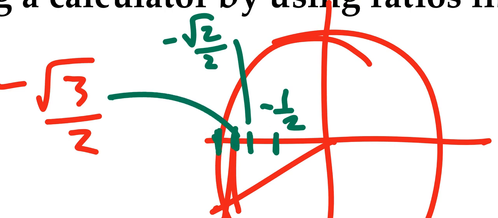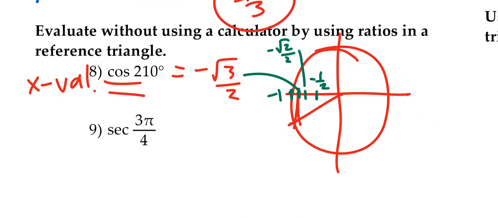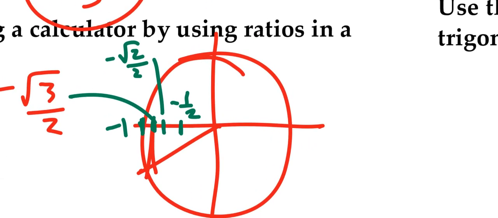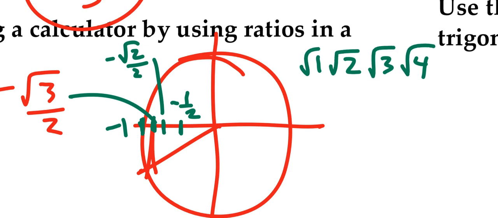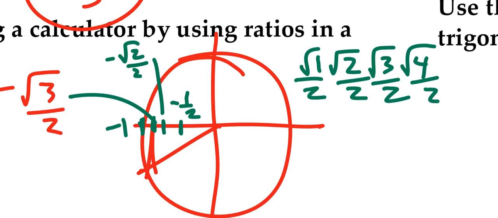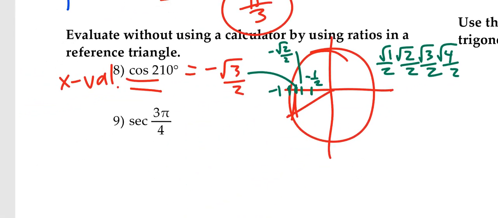And then what's the very last one on the outside edge? Negative 1, right? Those are your x values. They go in order. Keep in mind, when people start saying things about memorizing, all we're doing is taking the numbers 1, 2, 3, and 4, taking the square root, and dividing by 2. Some of them reduce, some of them do not. But they stay in order.